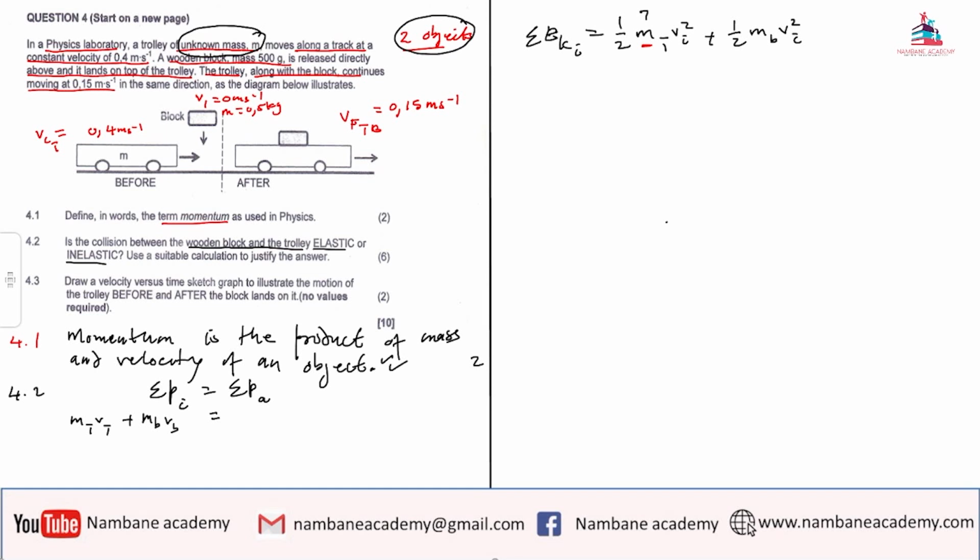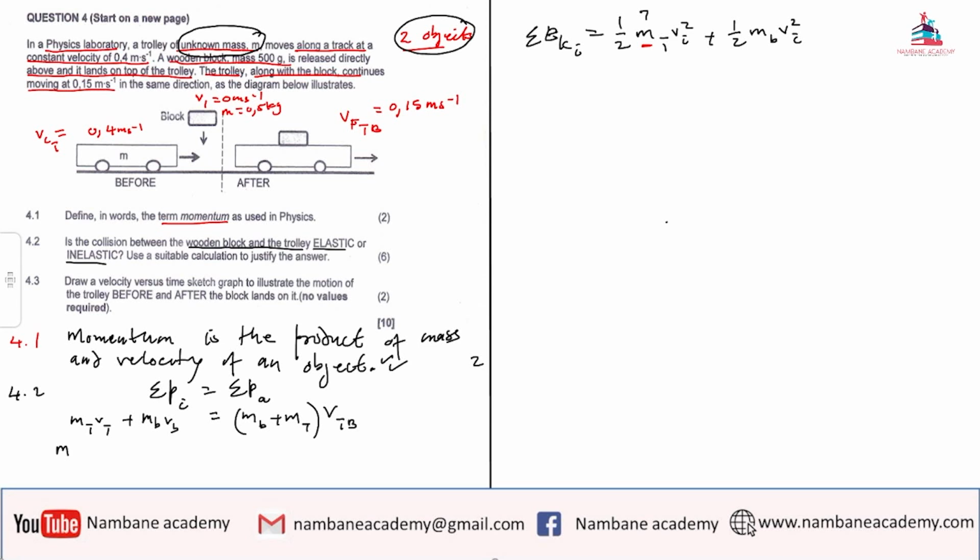This is now initial. What's happening after? They are moving together. M of block plus M of trolley, but they have now the same velocity, V of TB. Now they have this particular information. So let's start.